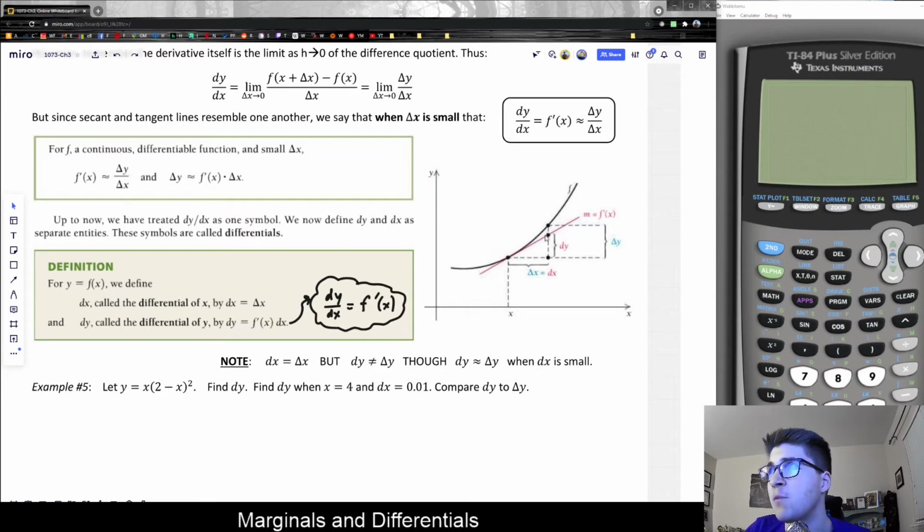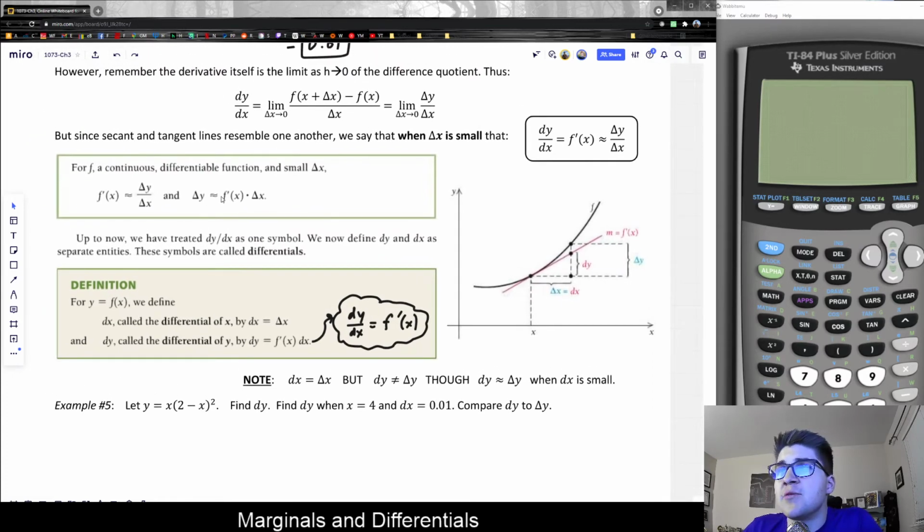And again, this is the idea of marginalizing. We're using a derivative to predict the value. It's the difference between the actuality of delta y and dy itself. And this one says delta y is approximately the derivative times delta x. This is the exact same idea from marginalization.